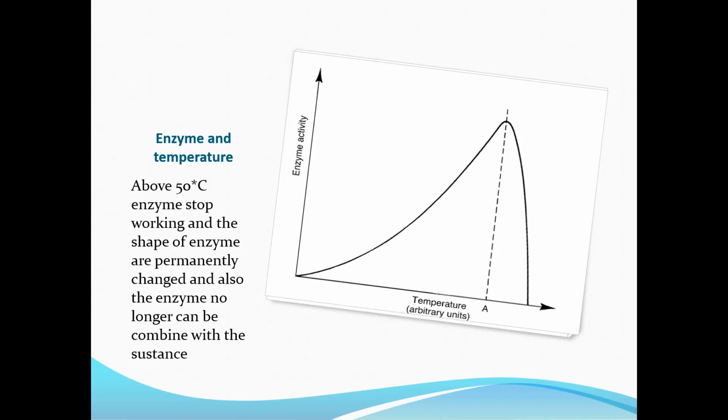However, above 50 degrees Celsius, enzymes stop working because the shape of the enzyme is permanently changed, and the enzyme can no longer combine with the substrate. This is one reason why organisms may be killed by higher temperatures. The pH or temperature at which an enzyme works best is called the optimum pH or temperature.